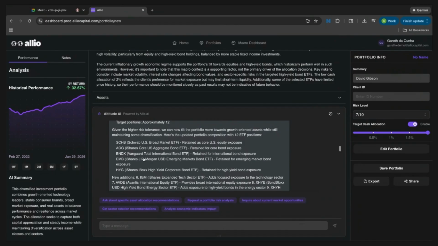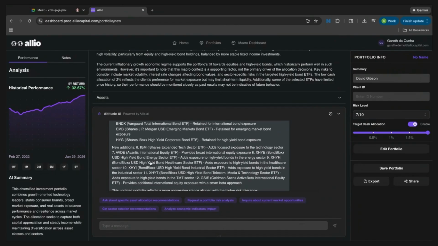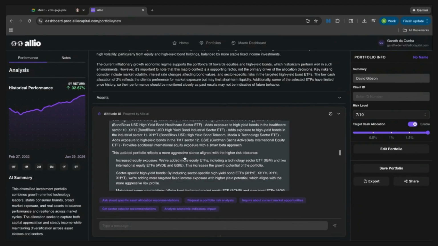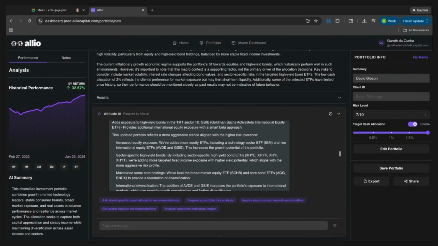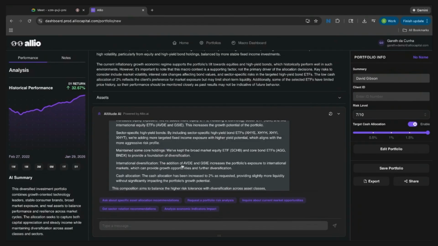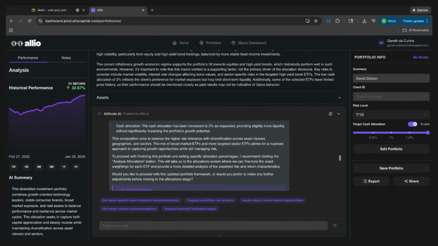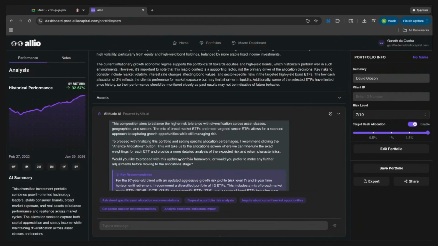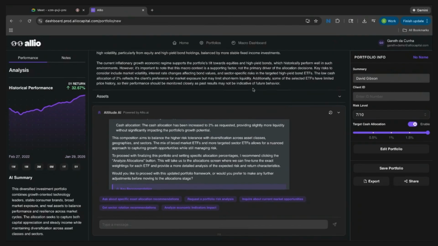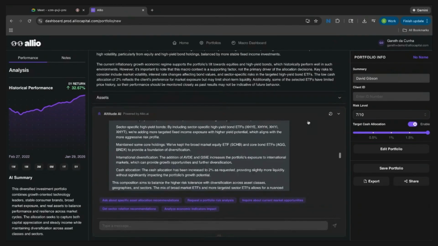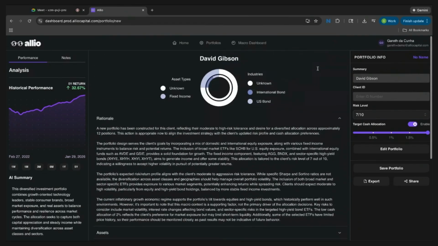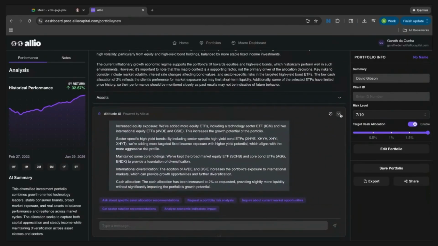It kept some of the original positions, but also added in quite a few more, some high yield bonds, a tech ETF, etc. And then it provided a significant amount of proper justification. In addition to providing these details here, it also builds the portfolio for me in the portfolio segment.